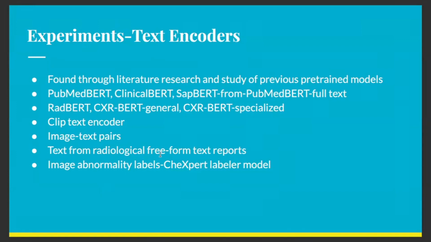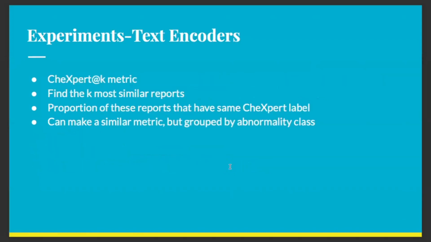And if you have a better text encoder, it can extract more important features from this radiological text report, more important or better captions to match the corresponding image. The images also all had abnormality labels from the CheXpert labeler model.